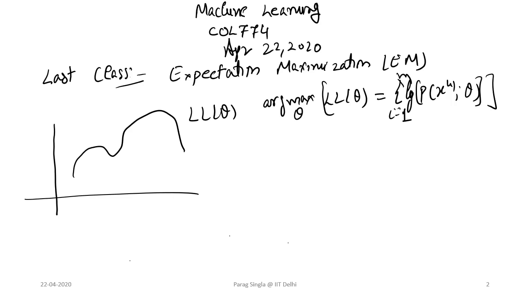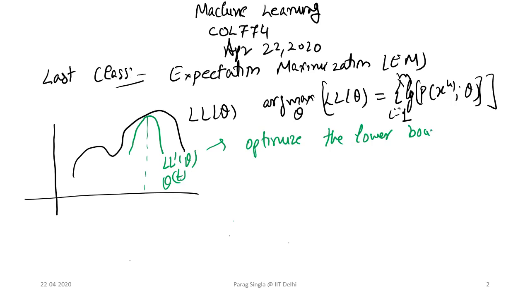The way we did this was that we constructed a lower bound to this function, LL prime theta at a given theta t, and instead optimized this lower bound, which was supposed to be tractable.